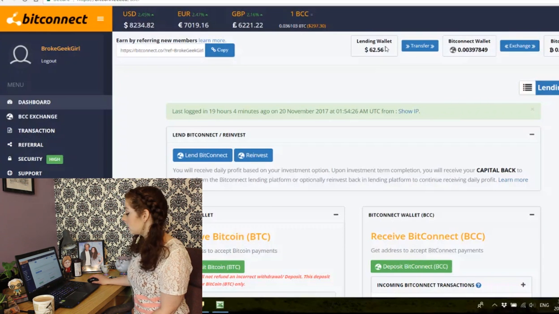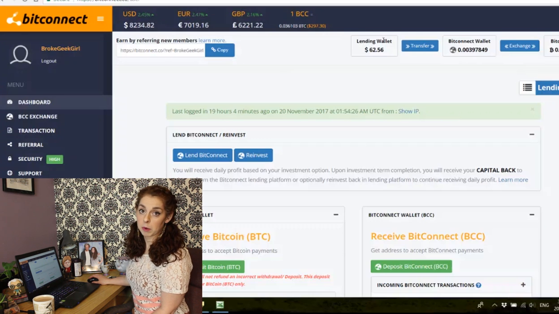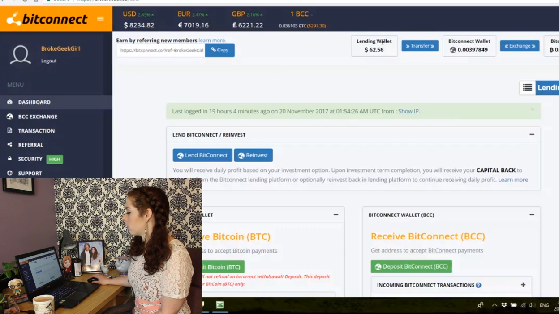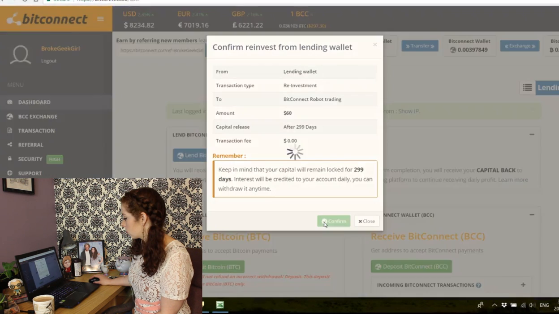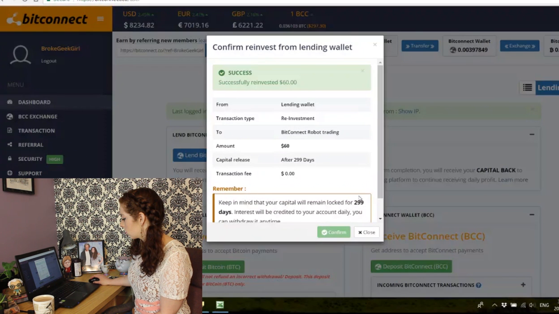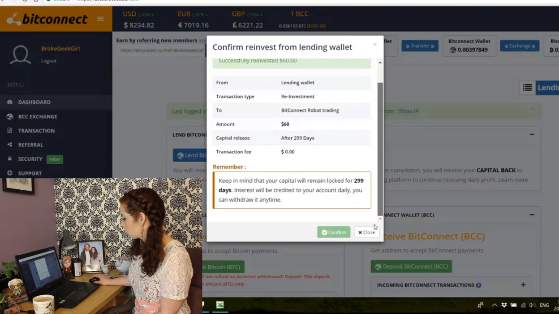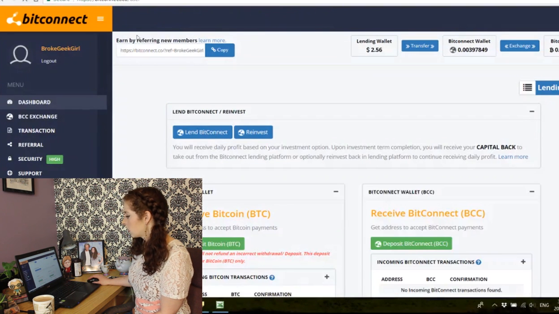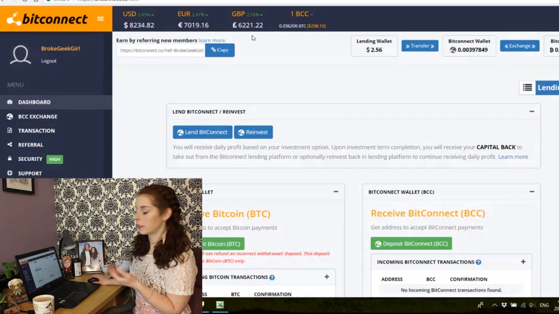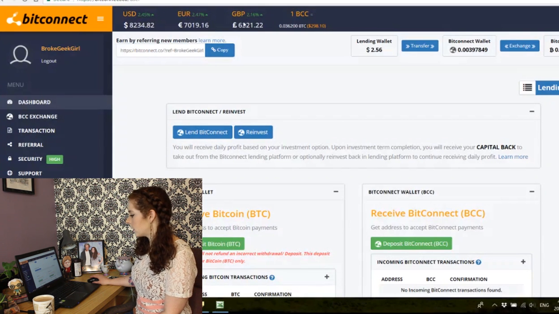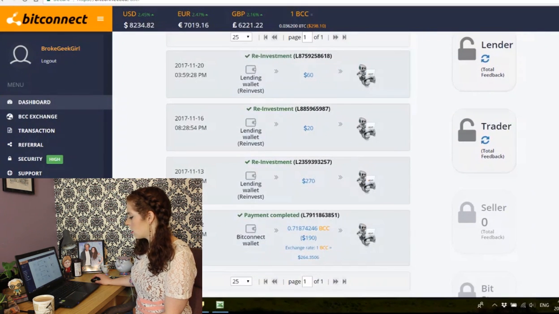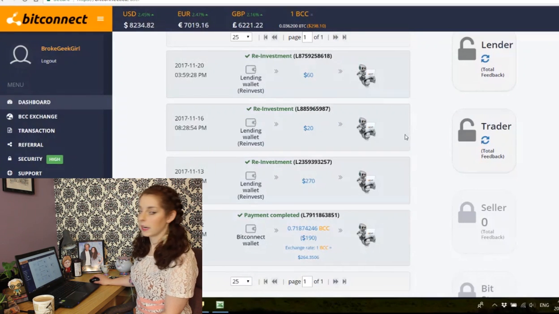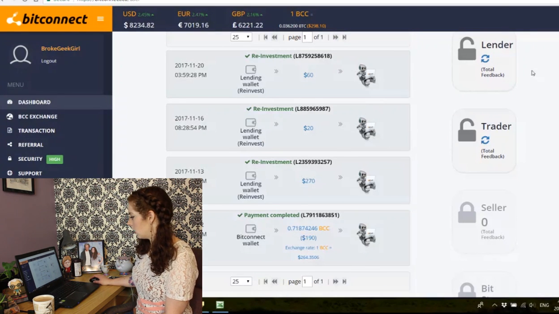Okay, so I have $62.56 in my lending wallet, so we'll be reinvesting $60. So the $2.56 is left over in my lending wallet, and I now have 4 transactions in my lending history.